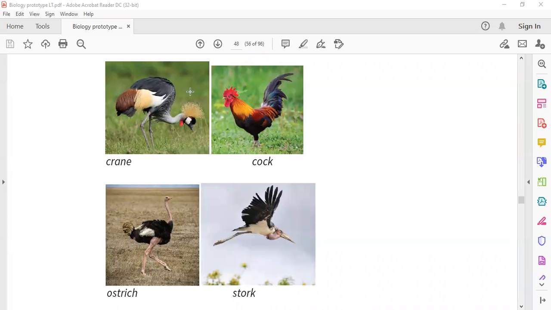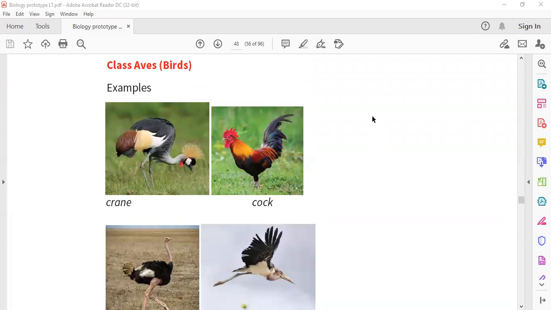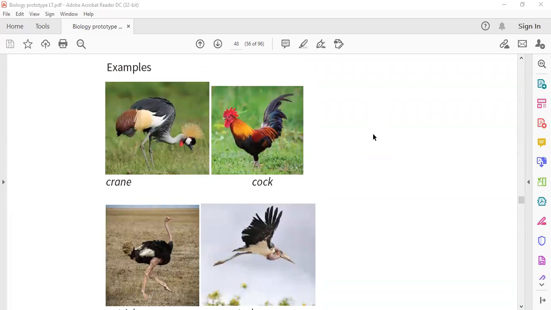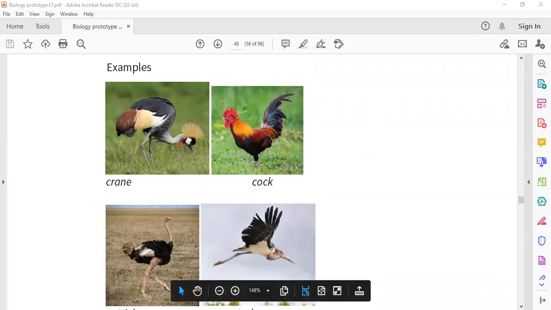Okay, Josephine. Okay, Eric. Teacher, there's a crane. There is a cork, there's an ostrich, and a stork. Okay, so we have a crane, cork, ostrich, and marabou stork.